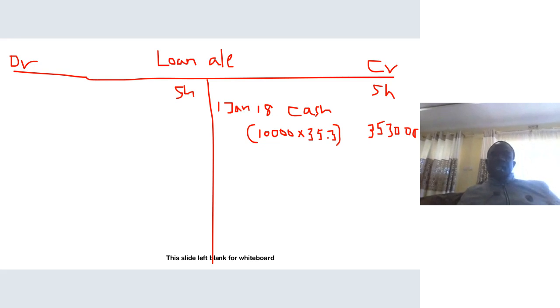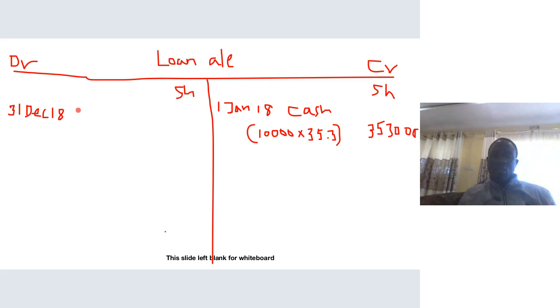Then now at the end of the year, on 31st December 2018, we need to also get the balance. Remember, this money has not been utilized, so we need to get the balance. So on 31st December 2018, we now have a balance carried down because we have not utilized this.